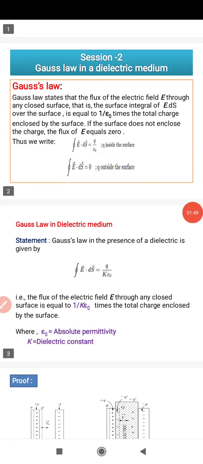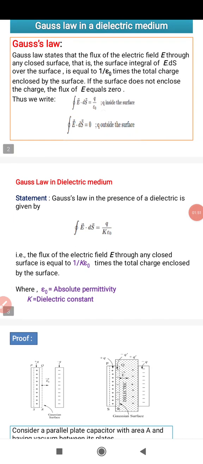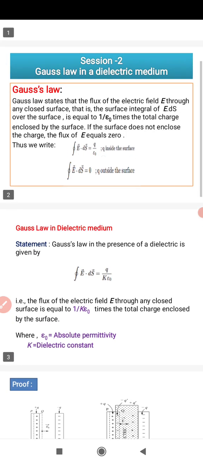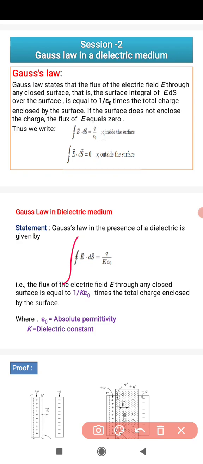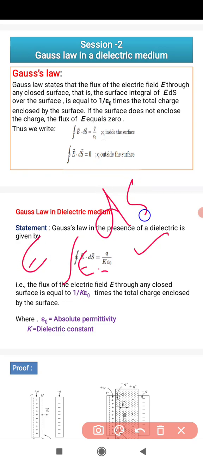Now we see Gauss law in the case of dielectric medium. Gauss law in the presence of dielectric medium is given by the surface integral of E dot ds equals Q divided by K into epsilon naught. Here, E is the applied electric field, ds is the change in surface area, Q is the charge, epsilon naught is the permittivity, and K is the dielectric constant.